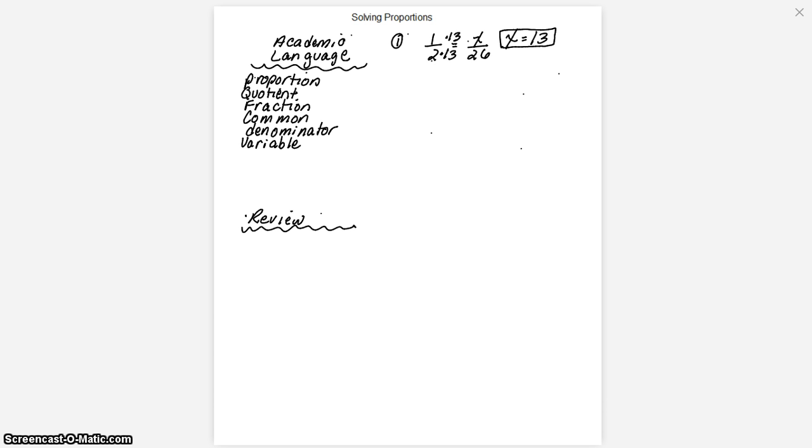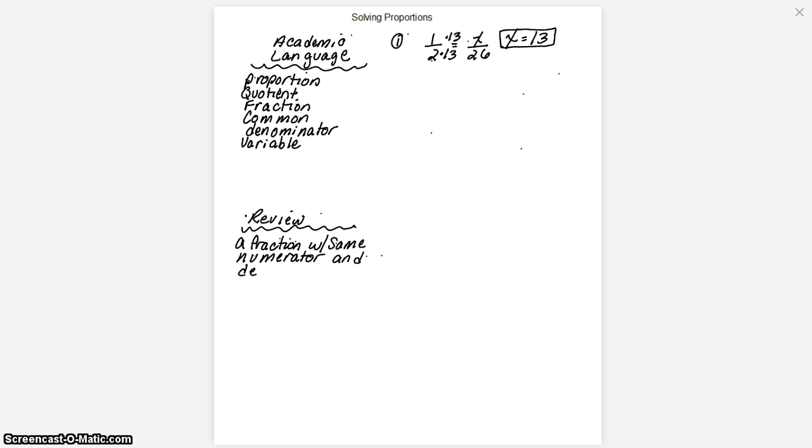Under review, I'm going to put down here that a fraction with the same numerator and denominator is equal to 1 whole. Okay, so write this down. So when we're multiplying 1/2 by 13 over 13, we're really just multiplying it by 1, which is the identity for multiplication, so it doesn't change the value.